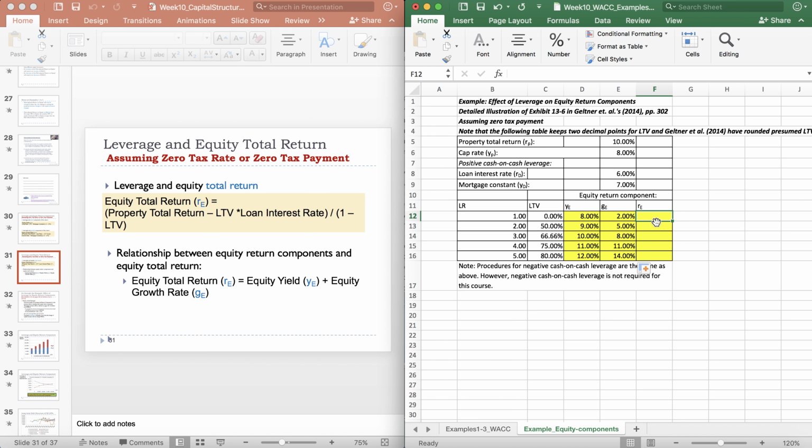So now let's try to apply the formula here. Parenthesis, property total return minus loan-to-value ratio times loan interest rate, then close the parenthesis, divided by 1 minus loan-to-value ratio.